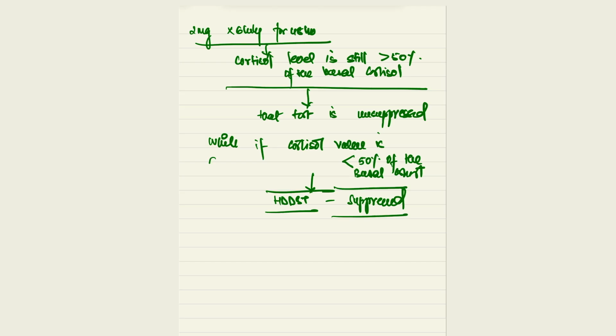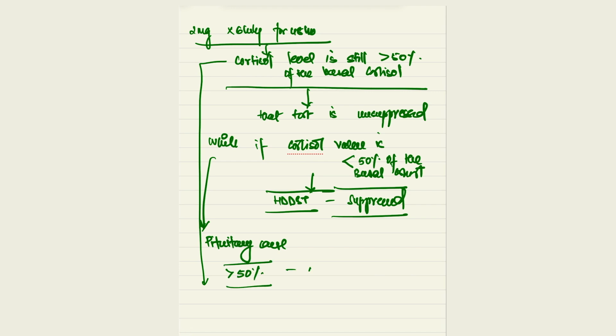So if it is suppressed, then it confirms that the cause is a pituitary cause. While if this cortisol is not suppressed, that is, it is more than 50% of the basal value, then it points towards ectopic Cushing syndrome.